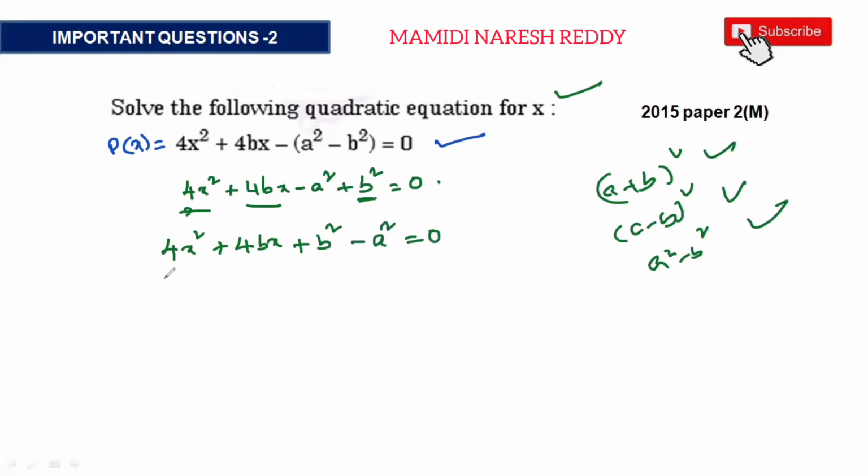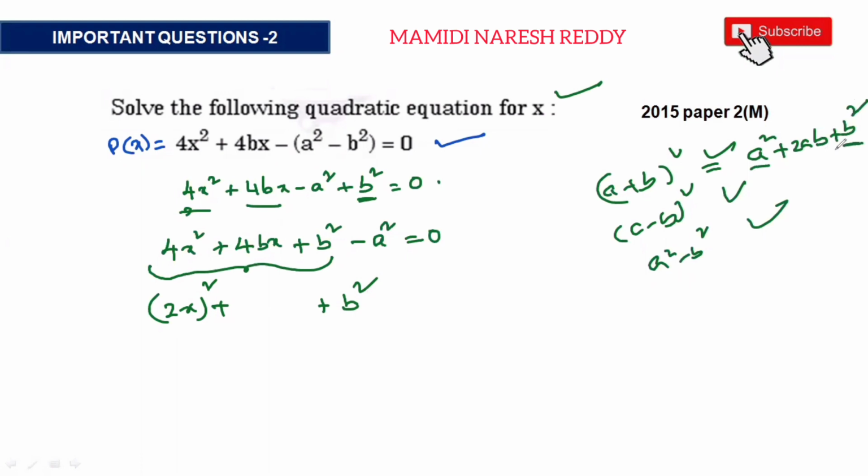Let us write. If you observe these first 3 terms, this 4x square I'm writing as 2x whole square. Immediately I'm not writing, children, later we can write here. Now b square as is I'm writing. So my dear friends and students, if you see here, 2x whole square and plus b square. If you observe the formula, a plus b whole square is equal to a square plus 2ab plus b square.